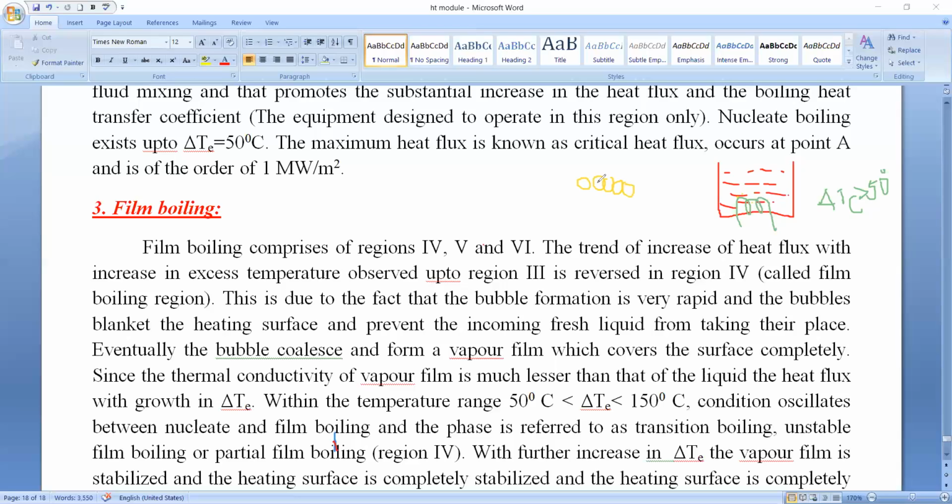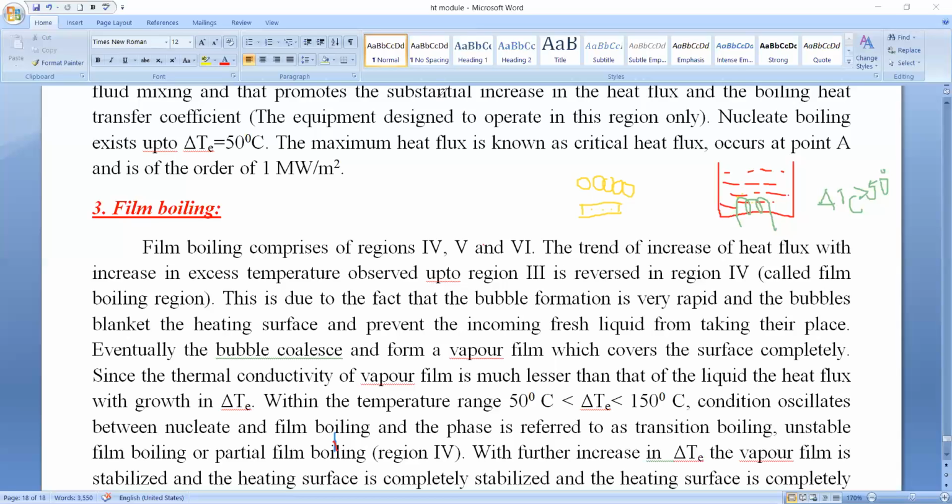And when these bubbles coalesce with each other, they form a vapor film over the surface of this heater. So this film consists of water in the vapor state. That's why it is known as the liquid film, which comprises the water vapor.